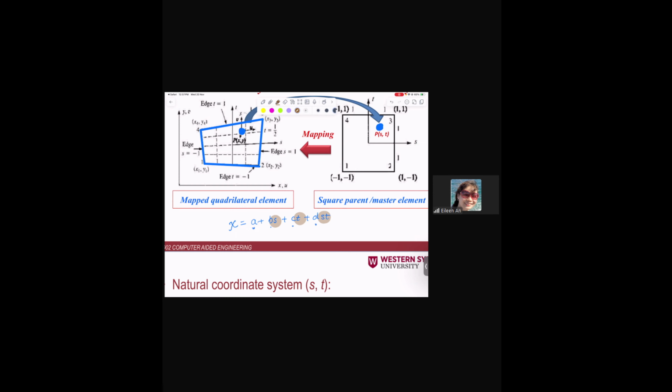This will be exactly the same as how we derive the shape functions, right? We know the node 1, the first node has a coordinate of x1, y1, right? And we 100% sure in its local coordinate system, node 1 has a coordinate of -1, -1.